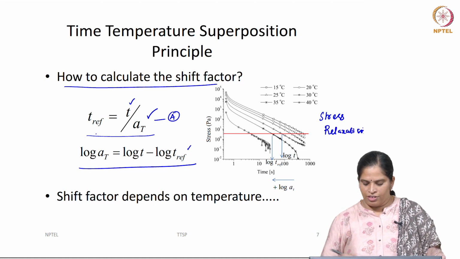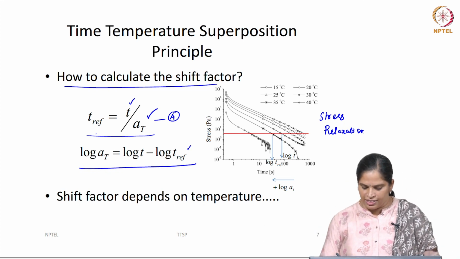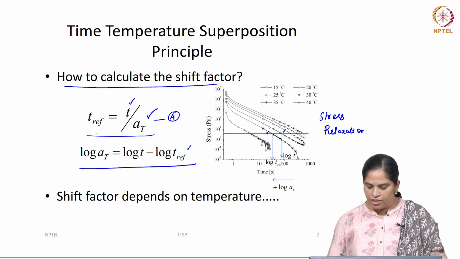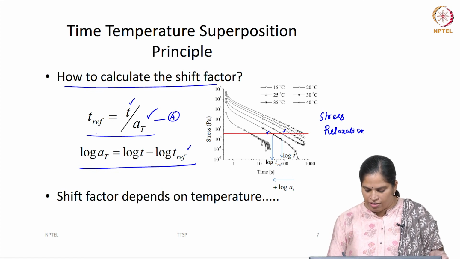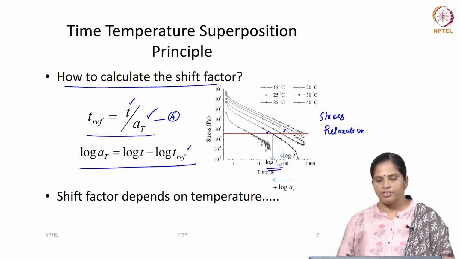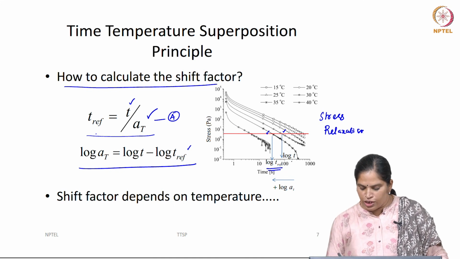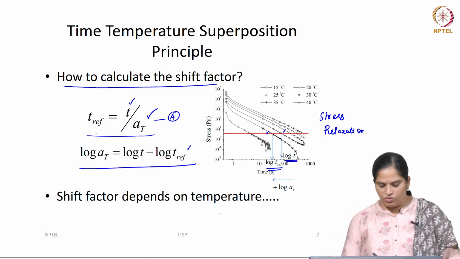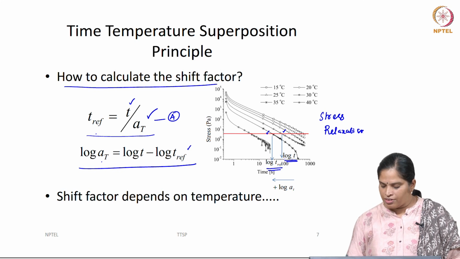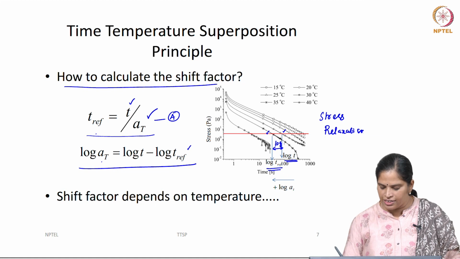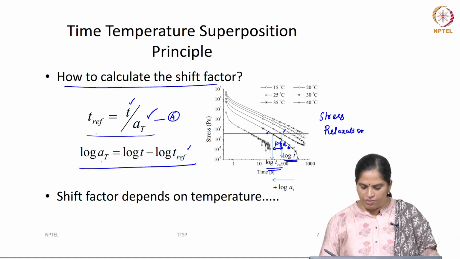In this plot, two temperatures are highlighted, one is 30 degrees and the other is 35 degrees. The x-axis time corresponding to 35 degrees is taken as T ref and the x-axis time corresponding to 30 degrees is taken as log T. So, the shift factor here is log T minus log T ref, or otherwise, if it is in a logarithmic scale, we can write it as log A_T. So, this is going to be our shift factor.